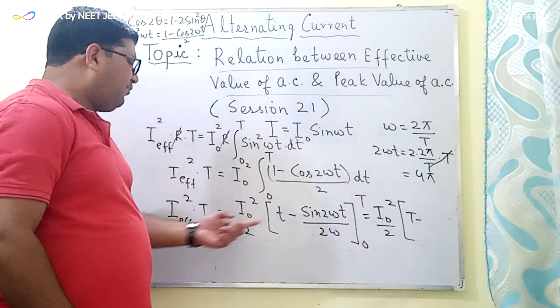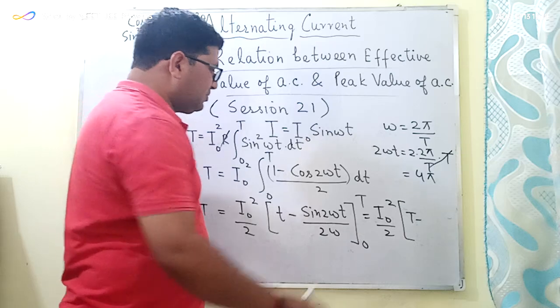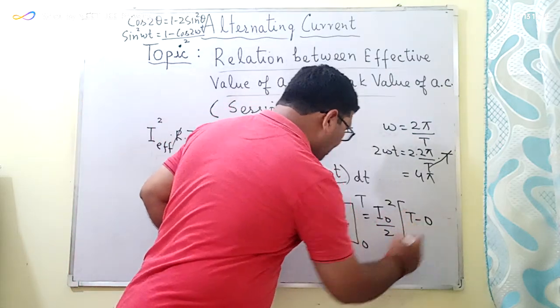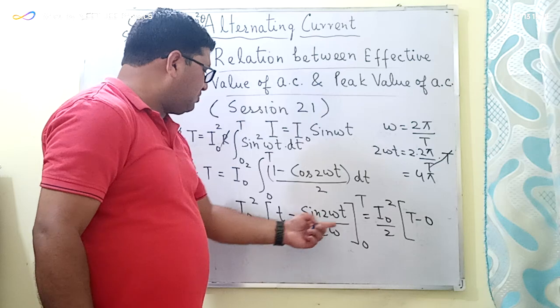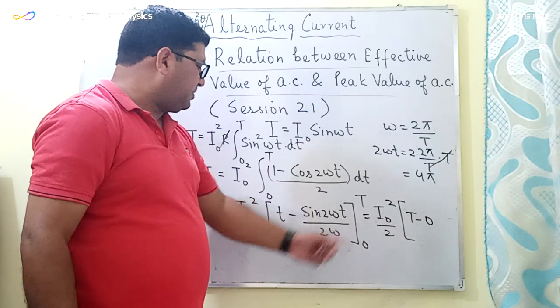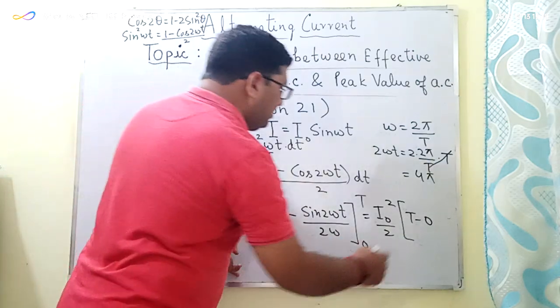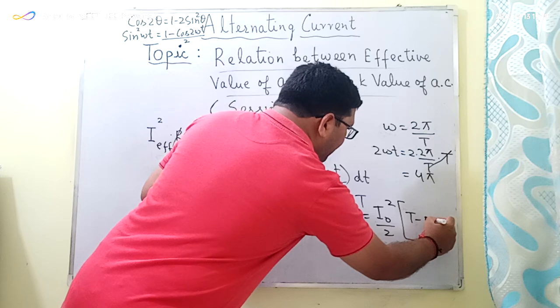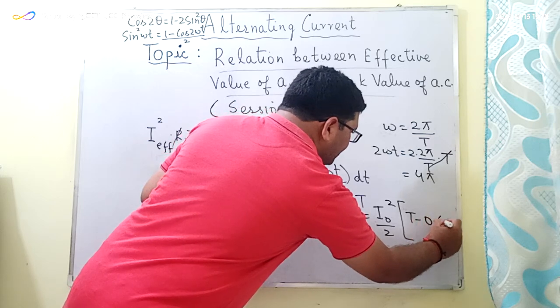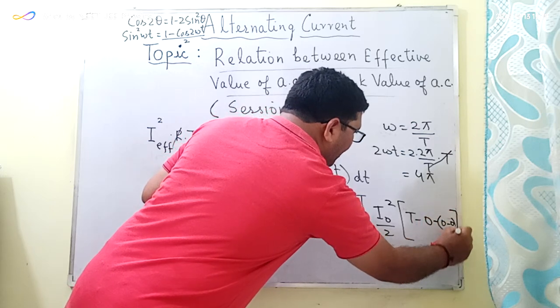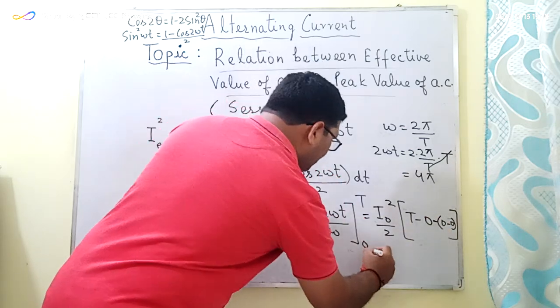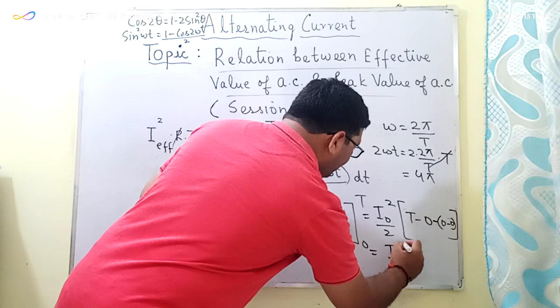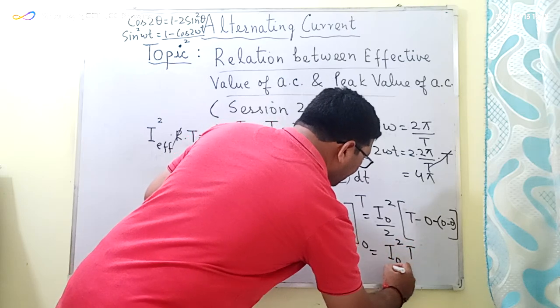So sine 4 pi is equal to 0. So finally I will be getting t minus 0, and then substituting t equal to 0 for the lower limit, the value will be t minus 0 minus 0 minus 0. So this is equal to I naught square T upon 2.